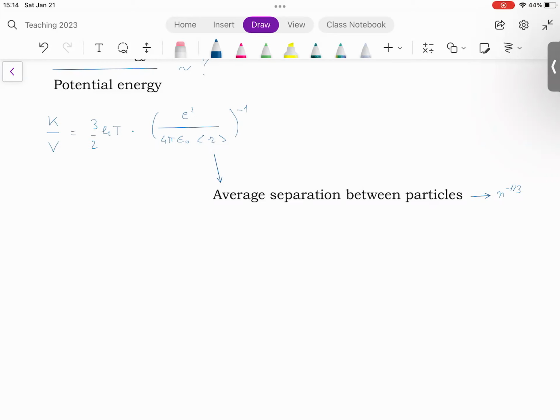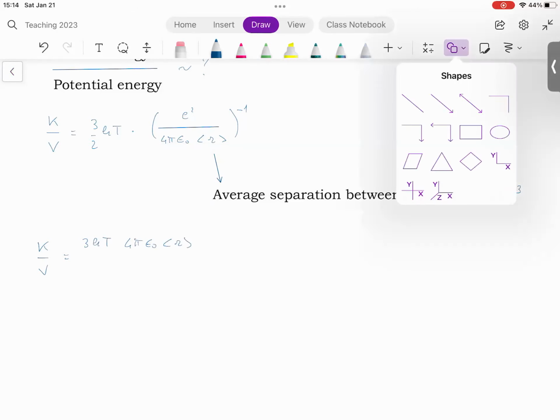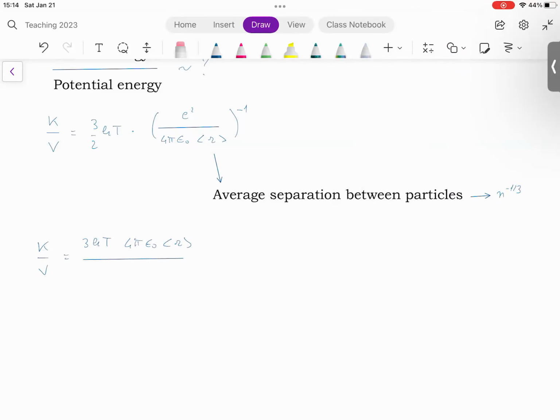So if we do this, let's try to do it carefully. K over V is going to be equal to 3kT times 4 pi epsilon 0 average R, all divided by 2 and e squared, and that's all.